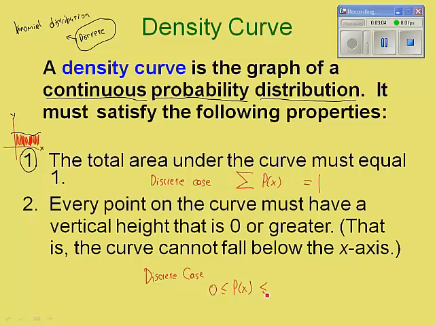And actually, it had to be less than or equal to 1, too. Now, I'm not requiring that here anymore for continuous. I guess I didn't really need it for discrete either. It's true, but I didn't need it because the only way I'd ever get the probabilities to add up to 1 is if they were all less than 1. So, that's okay.